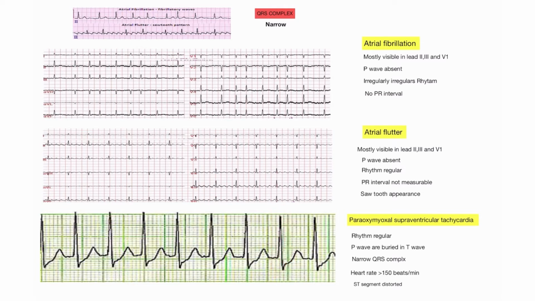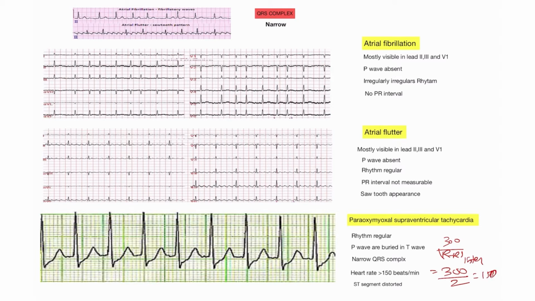When you find the heart rate, you all know how: 300 divided by the RR interval, where you count the large boxes. Here there are approximately 2 large boxes, so 300 upon 2 is approximately 150.